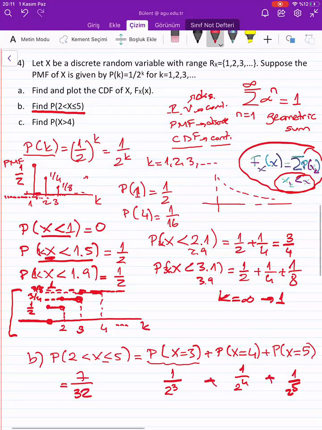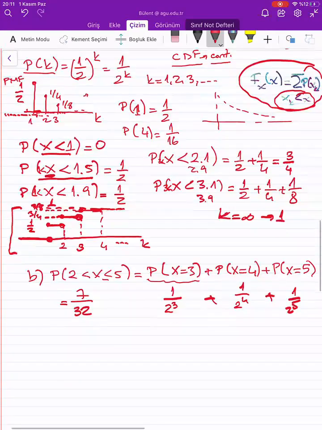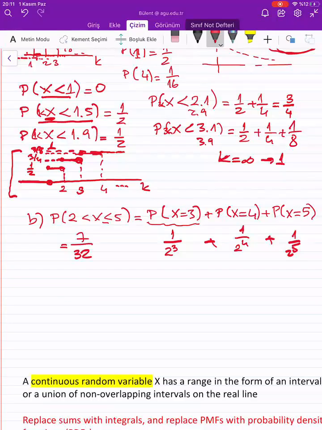What's another way of doing this, friends? There is one formula, which depends on the cumulative distribution function, okay?